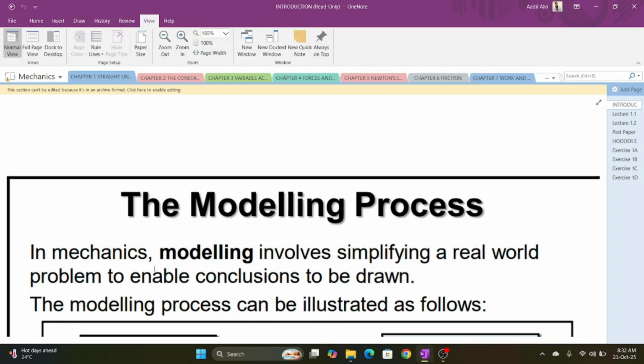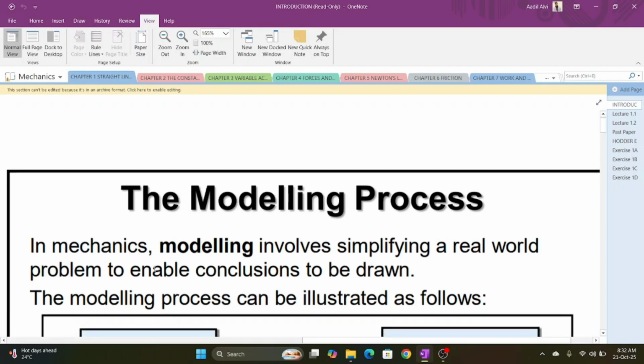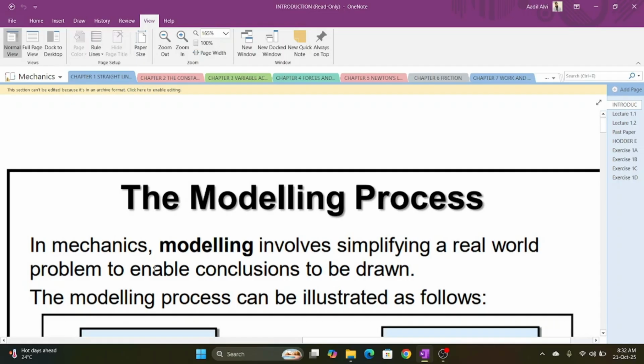for that particular problem, or for any problem of that sort, we can first model the situation. Modeling basically means that the very first step is to make a clear diagram, and then you start listing down what we know about the car, its initial speed, and the distance that it has traveled from the moment it starts to apply the brakes to the moment it stops at the traffic signal.